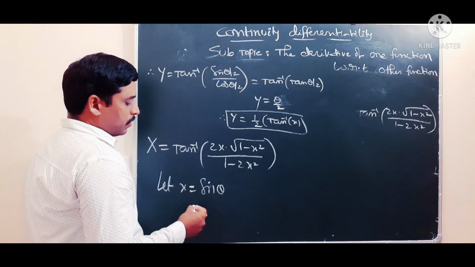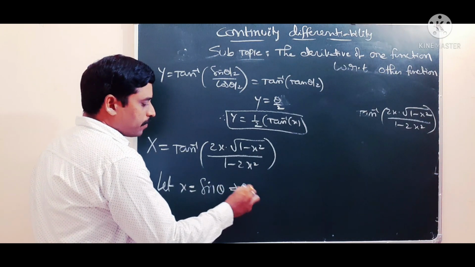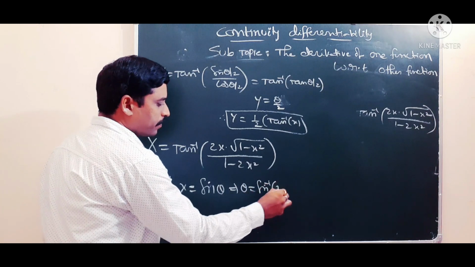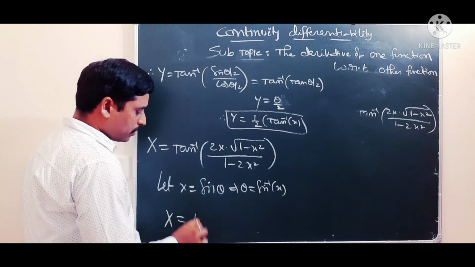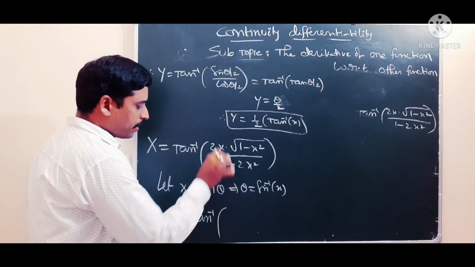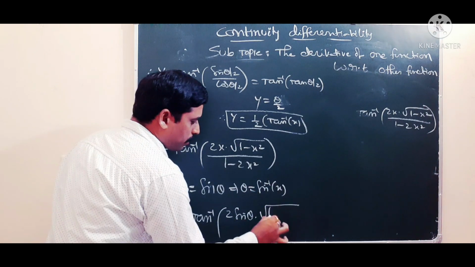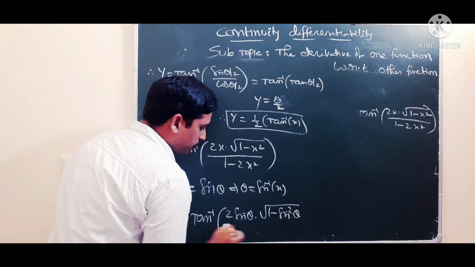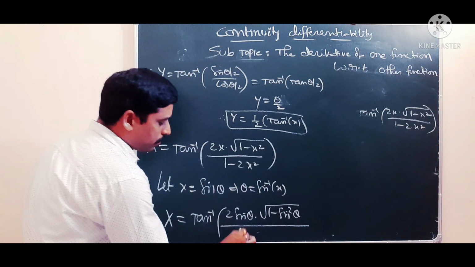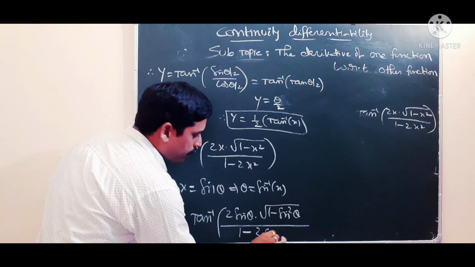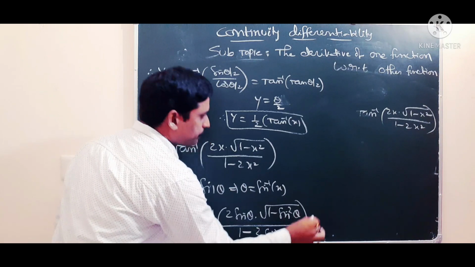Therefore theta will be sin inverse x. So x is equal to tan inverse of 2 sin theta into under root 1 minus sin square theta, this whole divided by 1 minus 2 sin square theta.